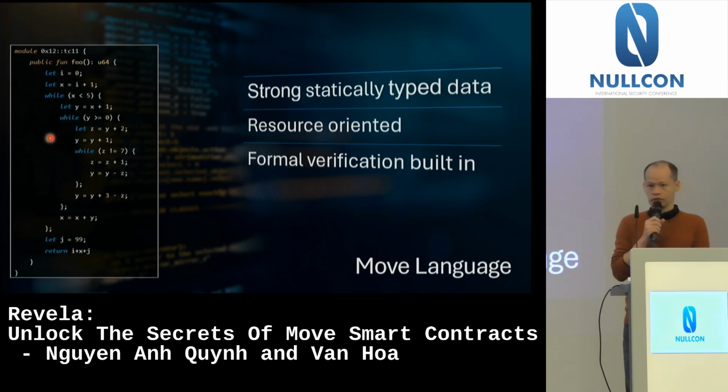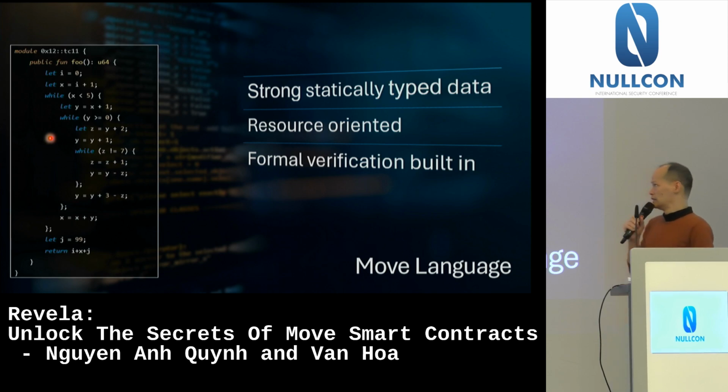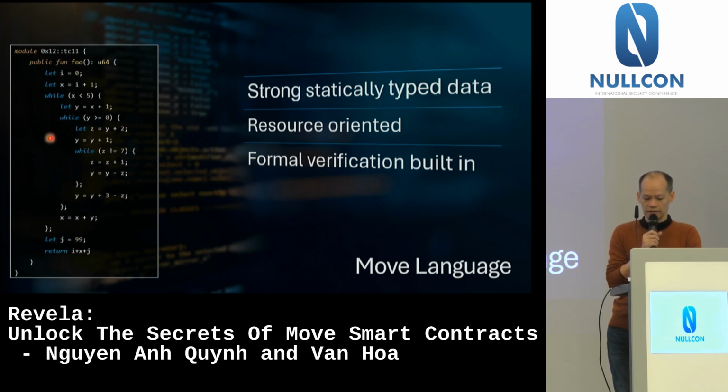Okay, so Aptos is a blockchain built around a language for smart contracts named Move. You can see here on the screen a very simple smart contract written in Move. Move is a very advanced language designed from scratch for smart contracts. It has features like statically typed data, which means that you need to declare the data type when the program is built.